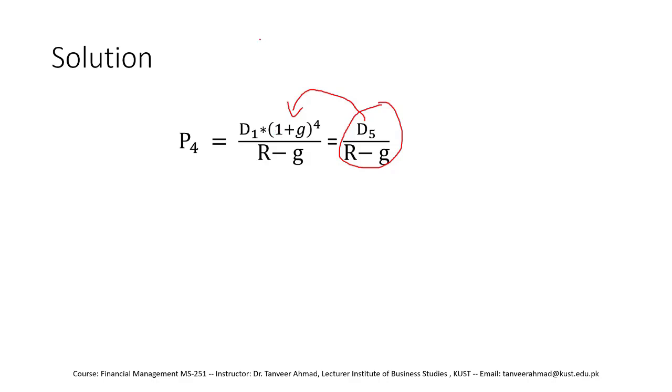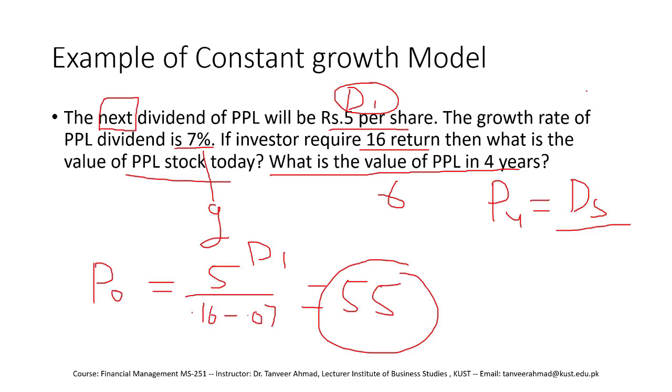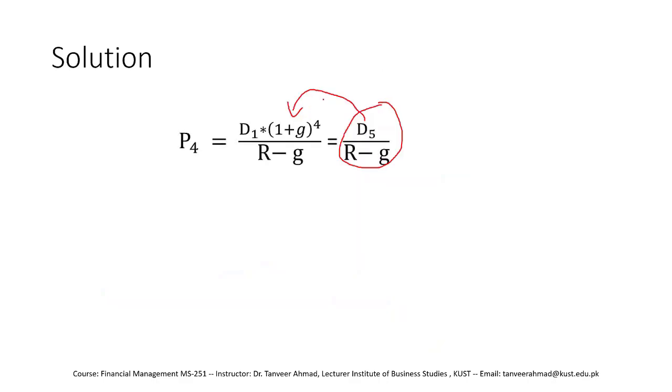In this case the value of D we had been given is D1, so we have to build our equation on the basis of this D1. So we start with D1. How many years do we need to compound it or grow it? We need to grow it 4 years, so we would have this D5.